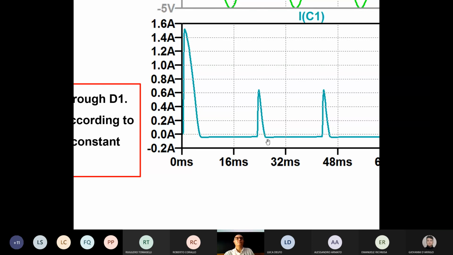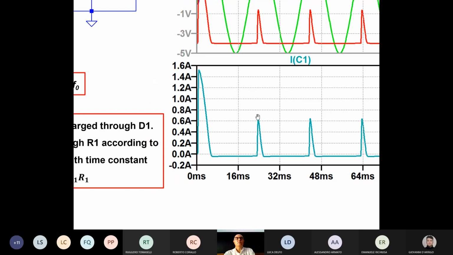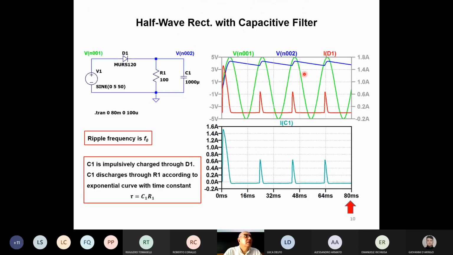Okay. Because the current now is going out of the capacitor, this is the plot of the current in the capacitor, IC1. The current is coming out of the capacitor, so it is represented as a negative value. Okay? Pardon? Is it flowing through the resistance?